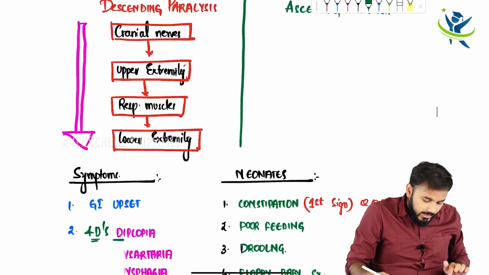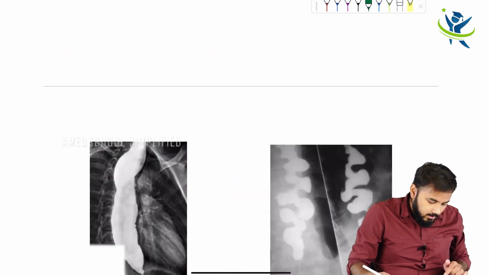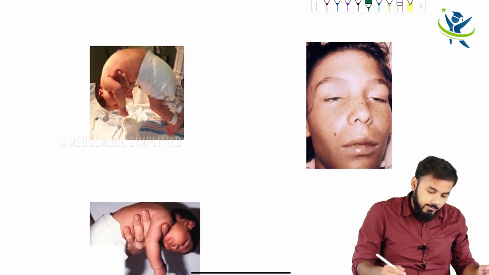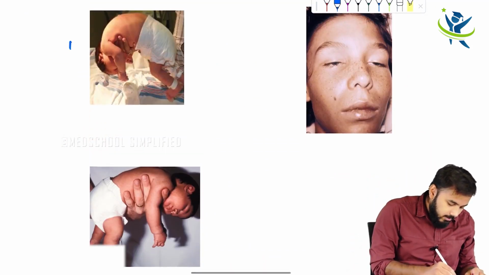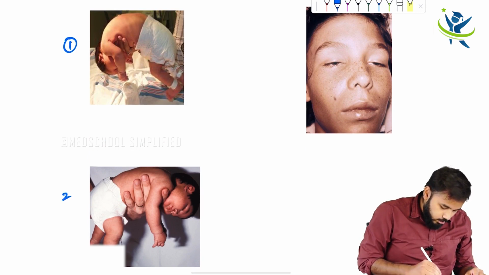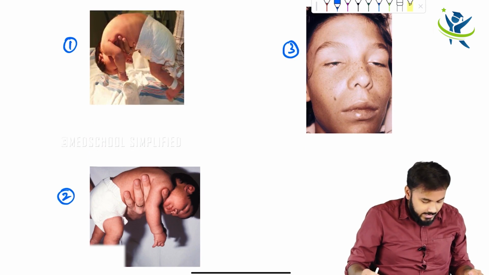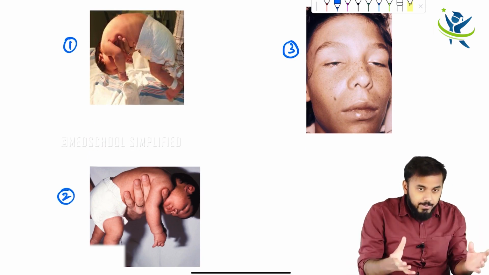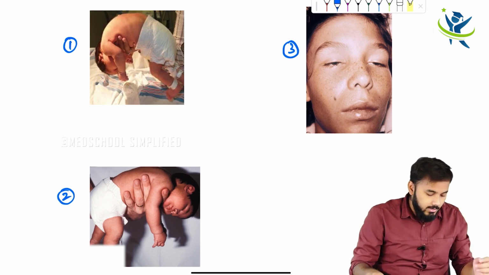If you look at the pictures, guys, you will very well understand what I'm trying to explain here. Look at picture number 1, picture number 2, picture number 3. In picture number 1, the baby is not sleeping actually. The baby is flopping down. The baby's muscles are so loose, so weak, right?